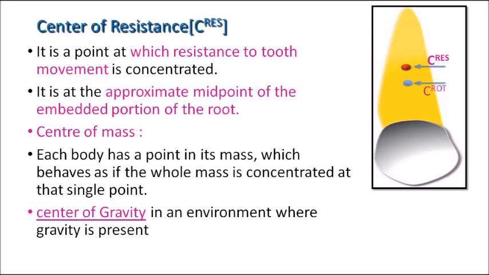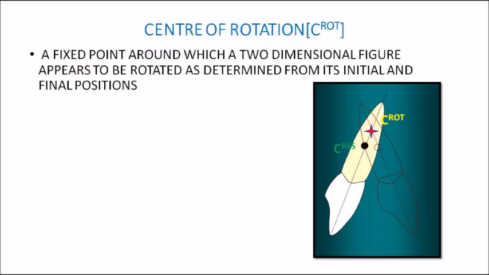Usually for a free object, the center of mass is a particular point which behaves as if the whole mass is concentrated at that point. And when this object is placed in an environment where there is gravity, then this point becomes the center of gravity.